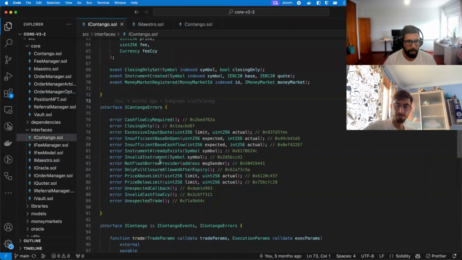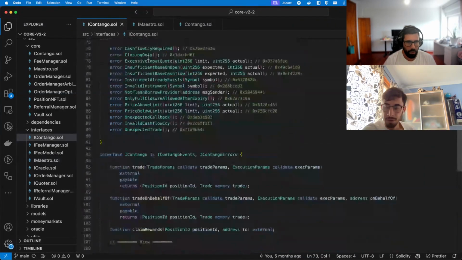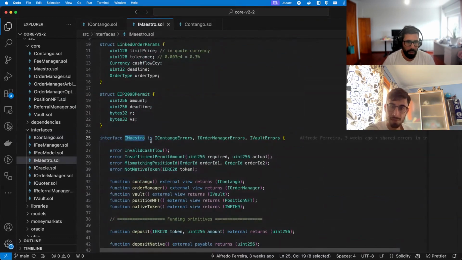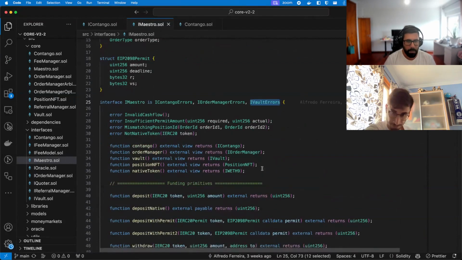So we have this nice split, so we can then say the Maestro has these errors even if they are not its own. So when we compile the ABI, the UI knows what's going on. If something blows up, if it is one of our errors, the UI will know.